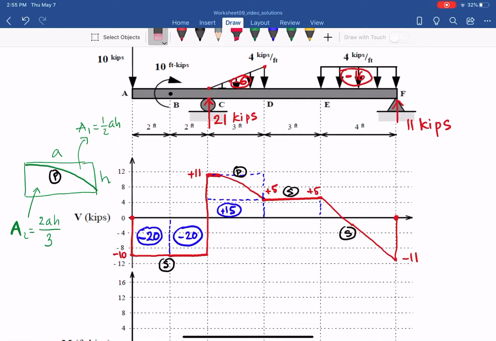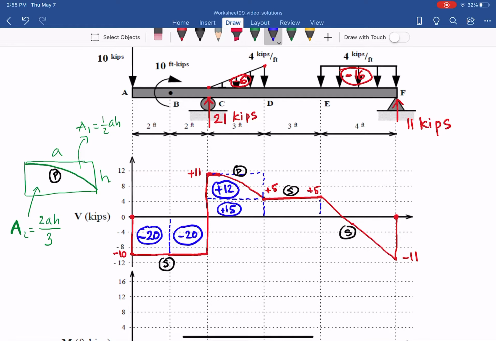That area is plus 12. Everyone see that? 2/3 AH is 12. So the total will be 27 for the whole area under the shear curve at that area. And then go back to here, we already have that easy one, 5 times 3, so you have 15 positive.